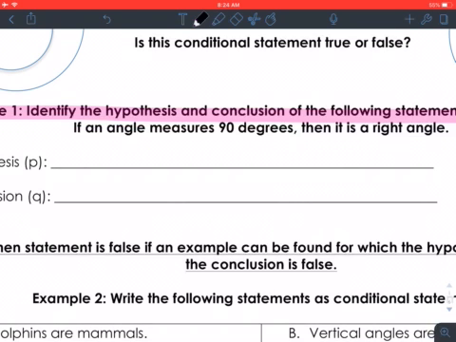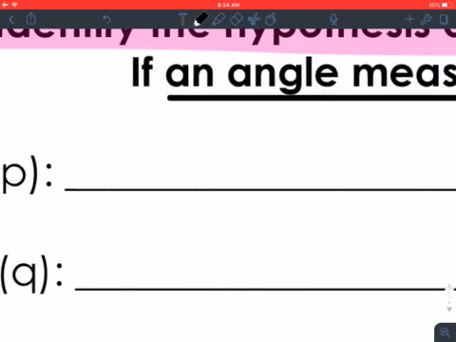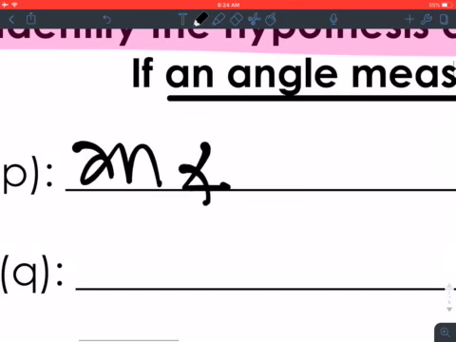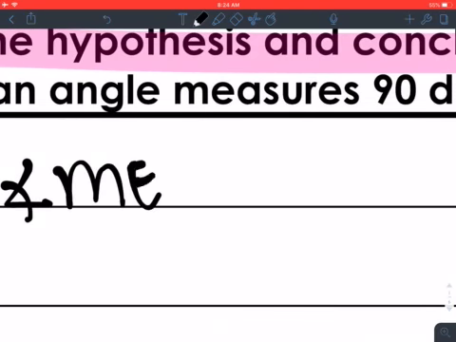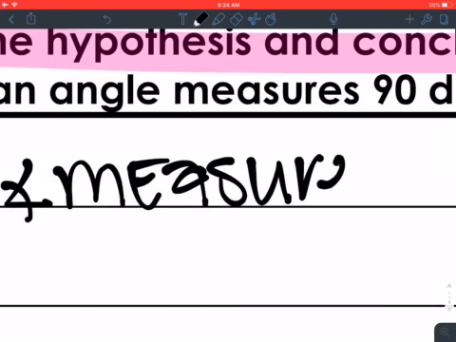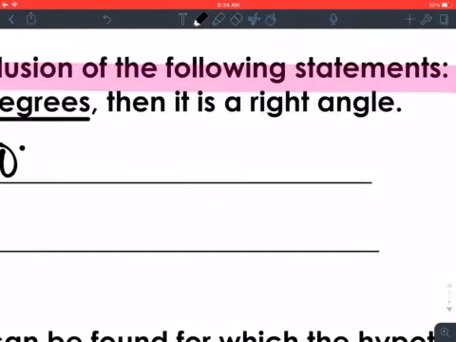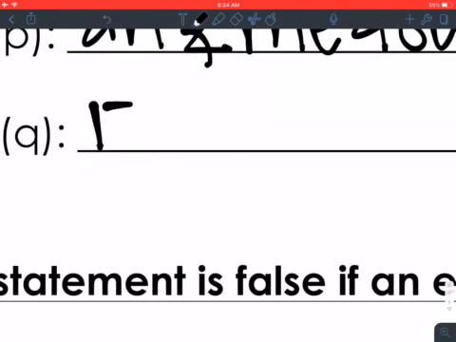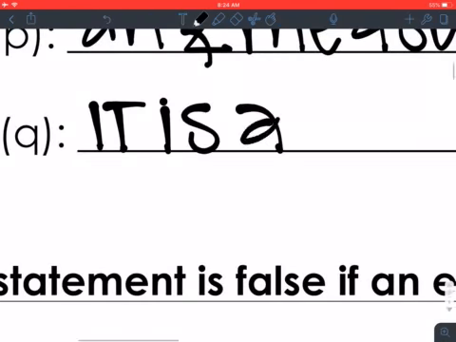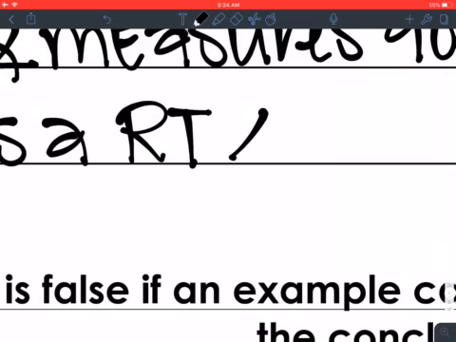So our hypothesis is everything in that first section, but not including the if. All right, so our hypothesis is an angle measures 90 degrees. So you don't include the word if in that. And then the conclusion is everything not including the then. So then it is a right angle. Okay?